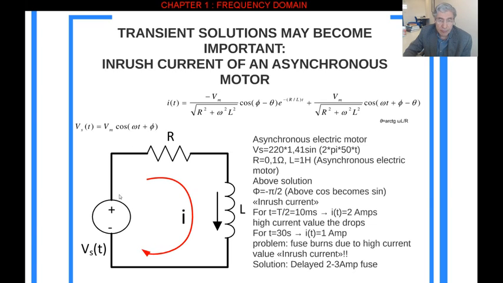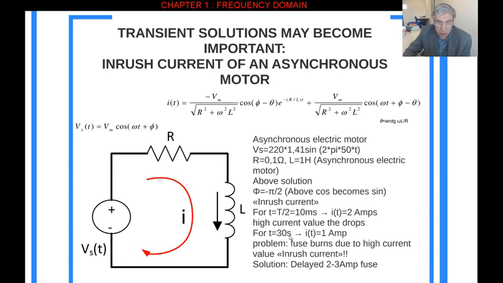The solution is going to be this one, and if you replace t with half of the period, 10 milliseconds, in that time you're going to see a value of 2 amp. That current is 2 amp. A high current value drops immediately after 30 seconds.